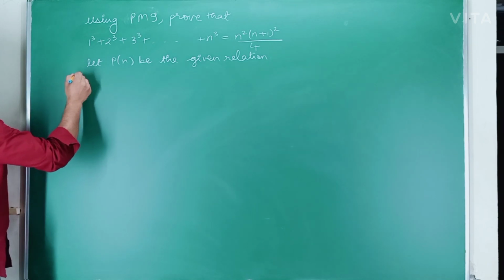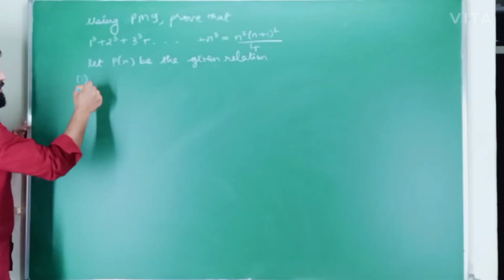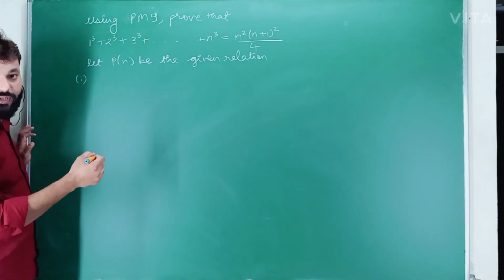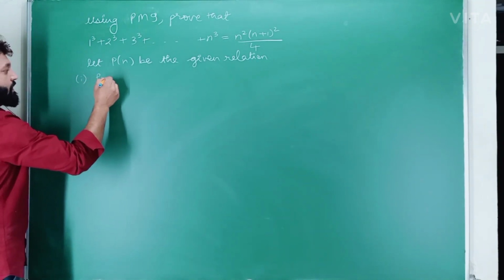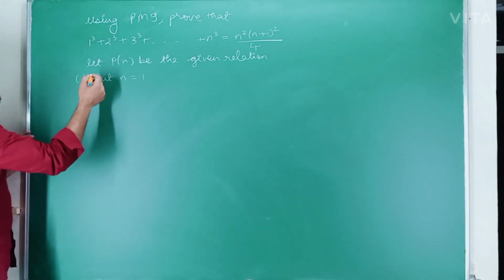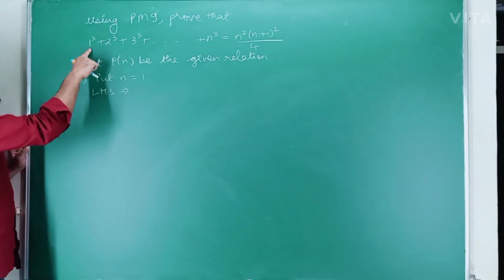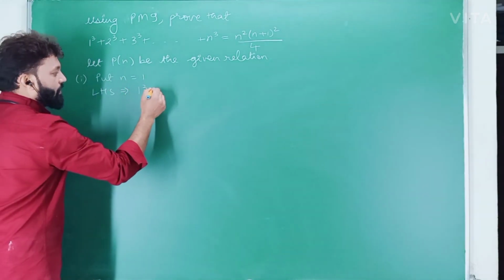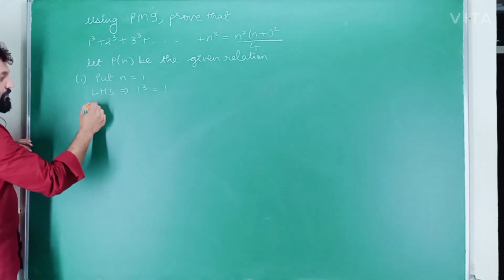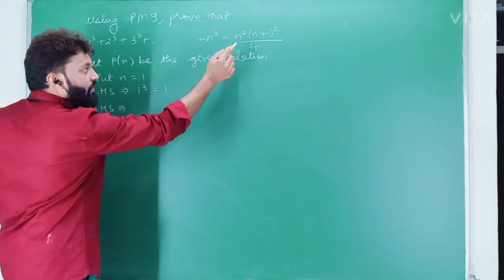Now after this, because the first step of induction, that is the basic step of induction, is to check the given relation for n equal to 1, we put n equal to 1. So LHS, putting n equal to 1, means the very first term, which is 1 cube, which will give us 1. Then RHS: in place of n we will write 1.